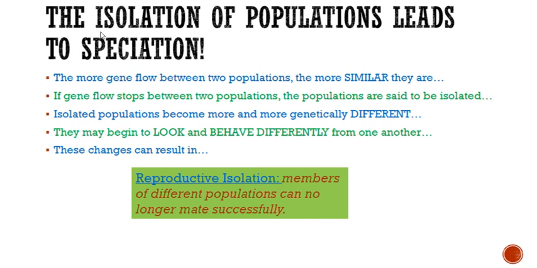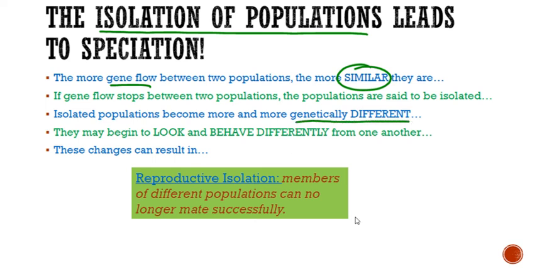So whenever we isolate populations, this is when we lead to speciation. So the more gene flow you have, the more similar they are. But if gene flow stops and isolation occurs, small populations don't interbreed, this is when we end up with genetically different organisms, which could lead to different species.